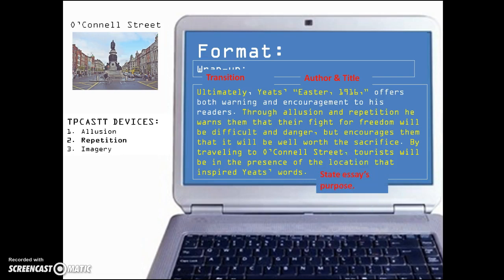And then last but not least, I state the overall purpose of the essay, which is to make sure that tourists come to my location, because that's the purpose of your essay, to convince people to come see what you're talking about. So go ahead, write your wrap-up, and hopefully you will be done with your paragraph.